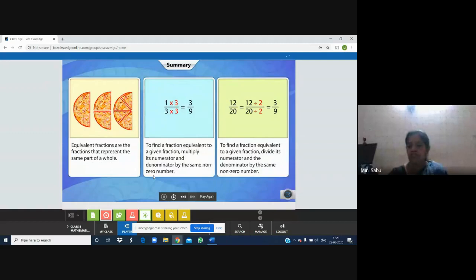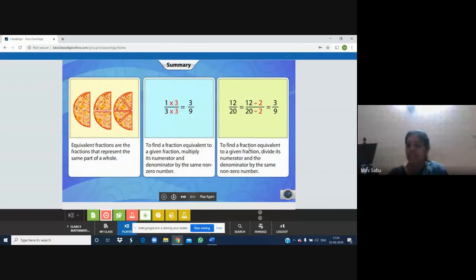What is the meaning of non-zero number? You can multiply by any number other than 0. You don't multiply by 0, because if you multiply any number by 0, then the answer will be 0 and the denominator will become 0 and we cannot divide by 0.